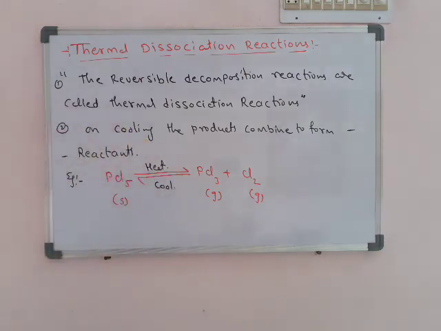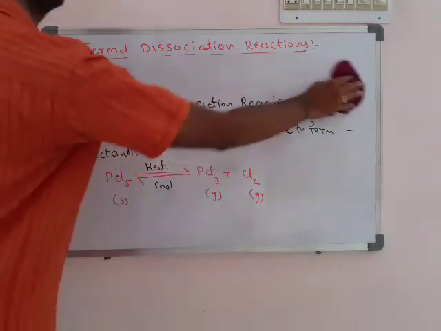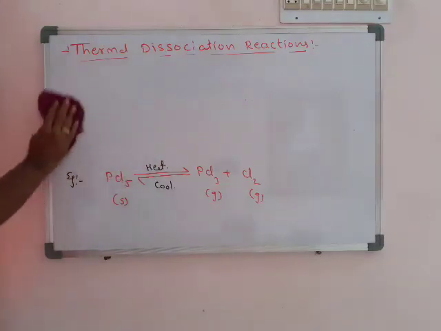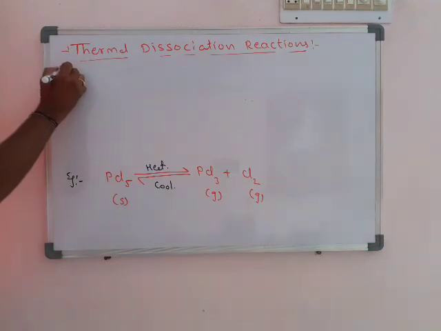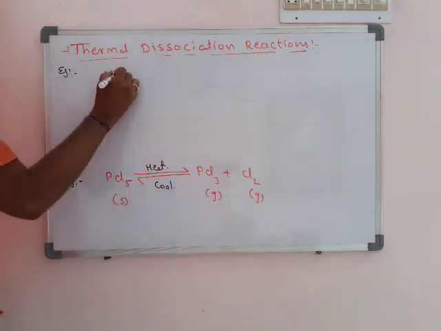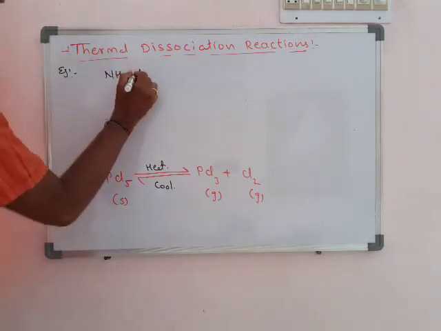Let's see one more example. There is a very specific example, dissociation of ammonium chloride. On the left side, the reactant has only one compound.